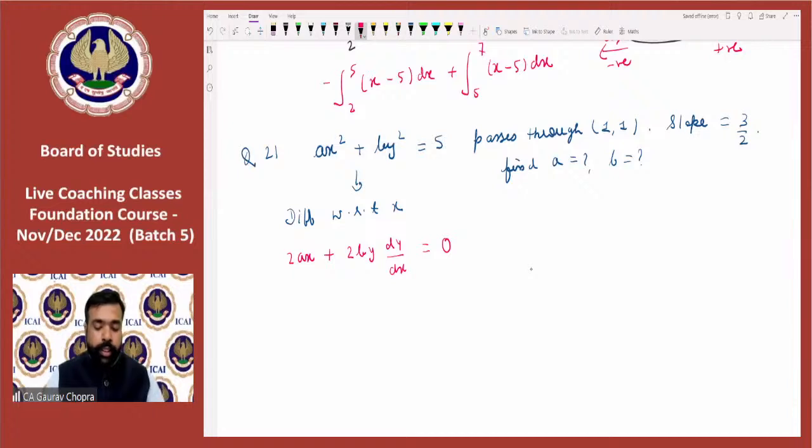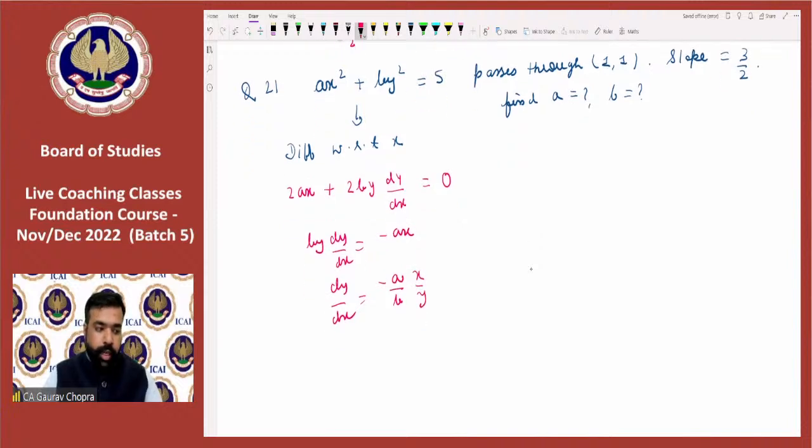Now what needs to be done? Here 2 can be taken as common. So we are left with dy by dx is equal to minus ax upon by. So dy by dx will be minus a by b and then x upon y.